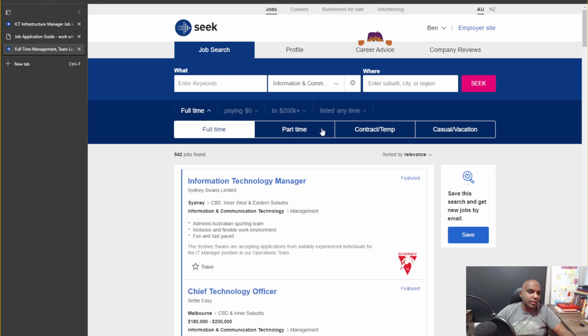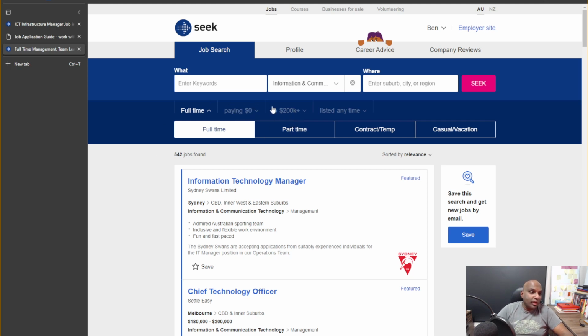If I'm looking for part-time, I'd do that. There are contract opportunities and casual roles. Especially in technology management, you're not going to see a lot of casual roles. You might see some contract roles, but it's usually full-time. On occasion I've seen some part-time roles, three days a week sort of scenario, but they're rare.